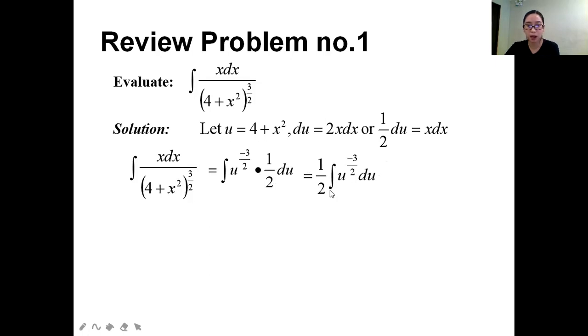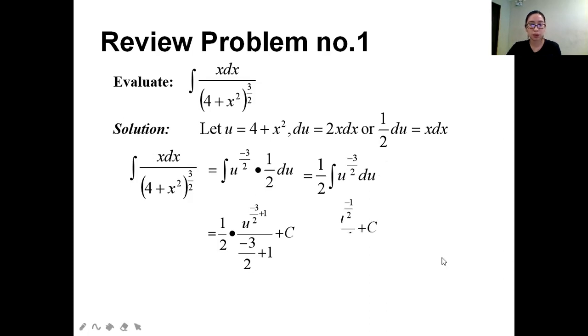So we have 1/2 integral of u to the power of negative 3 halves du. Then we easily apply the power rule for integration: 1/2 times u to the power of negative 3 halves plus 1 over negative 3 halves plus 1, plus c.